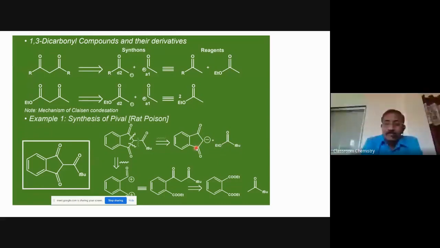And if someone says that we have to prepare this one, then we can disconnect either side over here. Generally we can take this one as a starting material directly, and we can add ester, then we get the corresponding product. But when someone says to disconnect this bond over here, then we get corresponding positive charge on this side, and here we get the negative charge, that is the corresponding methyl group, and we get corresponding ester on either side.